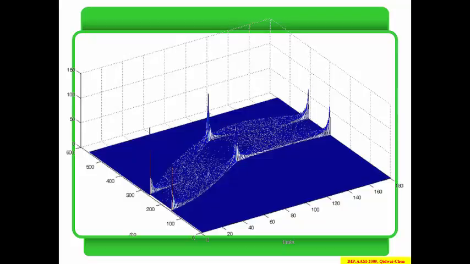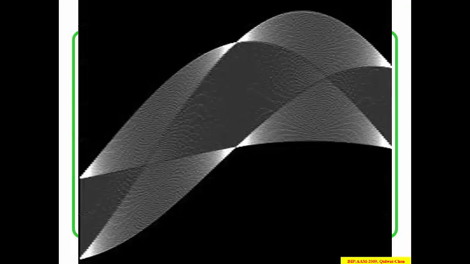Okay? Another thing that I want you to understand is that any straight line in the original image will be represented by a single point in the rho theta plane. Right? So if we look at the output of the transform, and I need to plot it here, as you can see, this is a plot of the transform, where the horizontal axis is theta, and the vertical axis is rho.